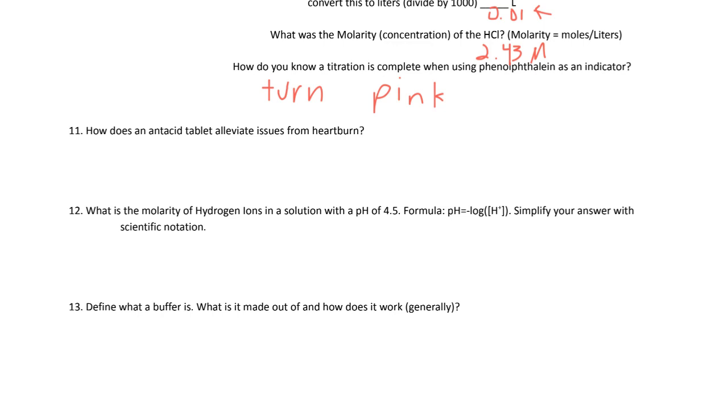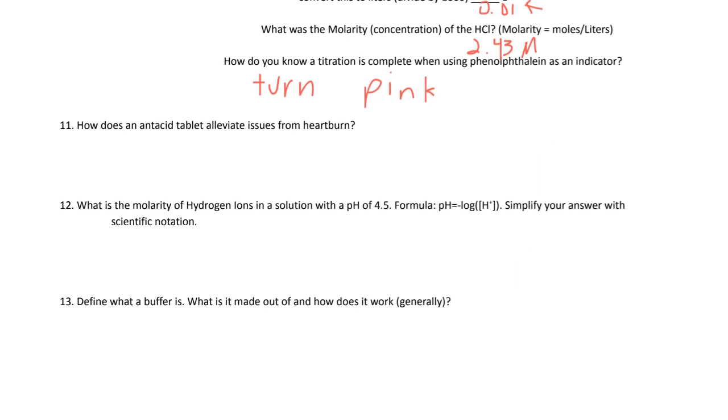Number 12, molarity of hydrogen ions in a solution that will have a pH of 4.5. To get the hydrogen ions by itself, we can use a slightly different, rearranged formula. Concentration of hydrogen ions, H+, is equal to 10 to the power of the negative pH.